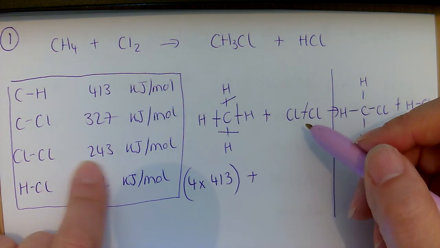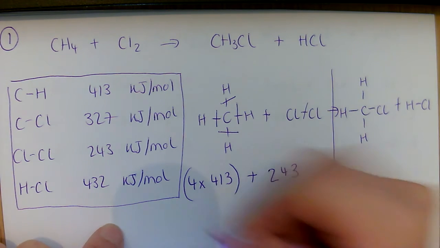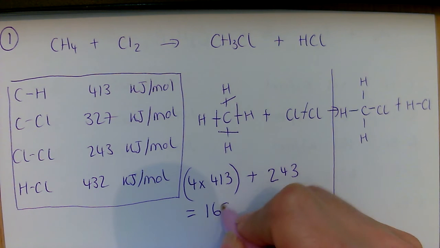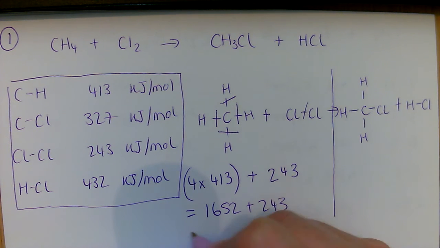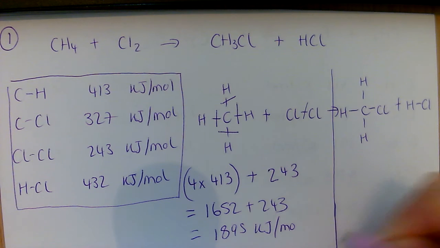So I've got one lot of 243, and we just add those together. So that's 1652 plus 243 is 1895 kilojoules per mole.